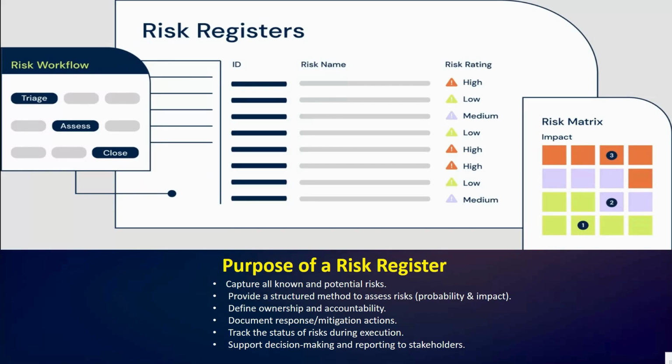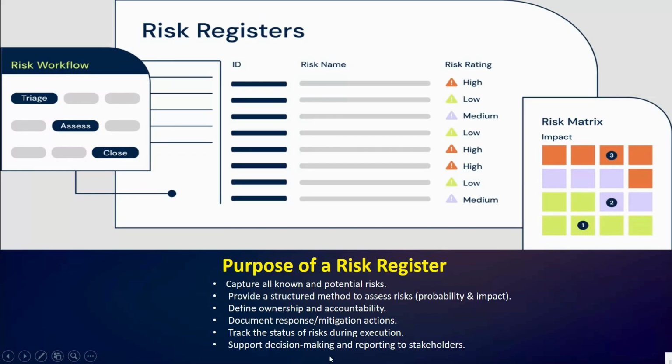It also helps to track the status of risks throughout the execution of the project. Risks evolve, some get resolved, new ones come and are added, and others become more critical. The risk register keeps this information updated and transparent.